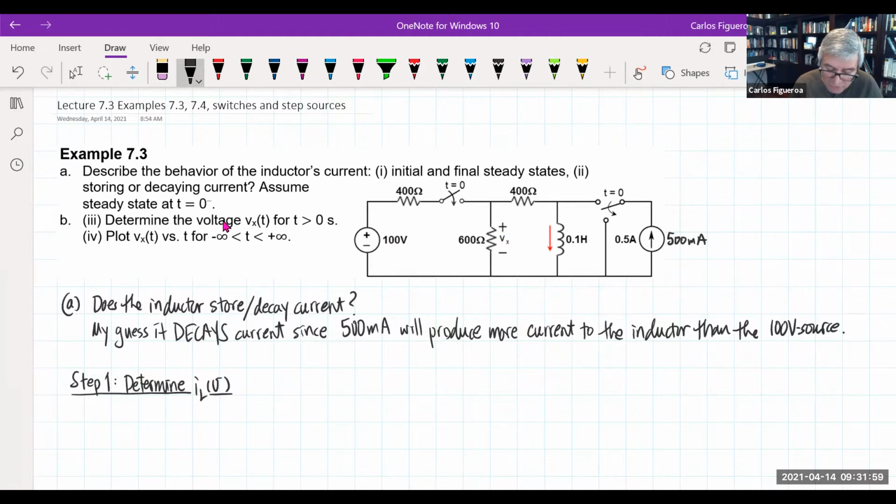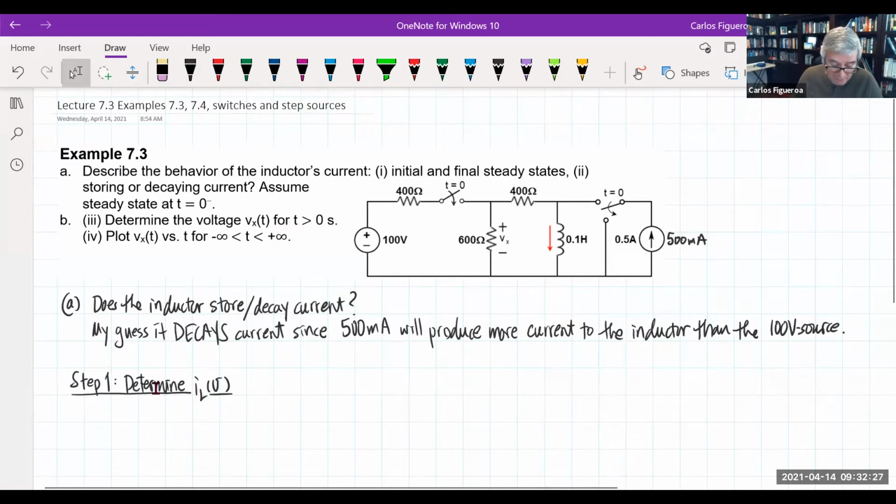Well, would the 100-volt source put out more than 500 milliamps across the inductor? I don't think so. Because of that, I say it decays. So if my solution comes back and it's storing current, then I should be going like, okay, there's a problem. Okay, let's go do that. So I'm going to go through that four-step process.